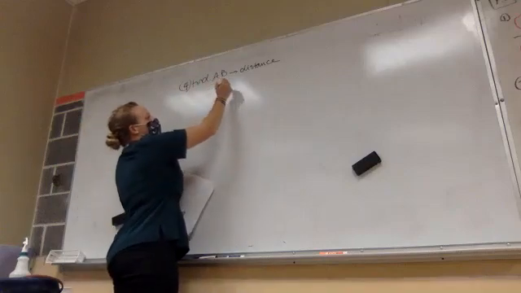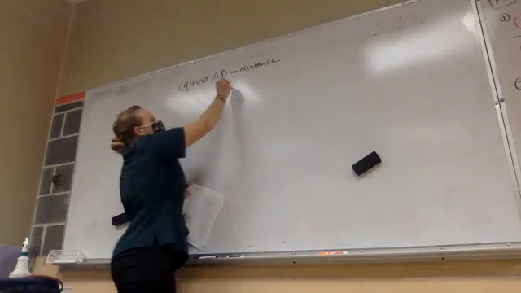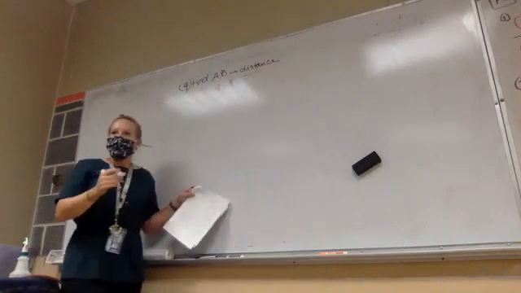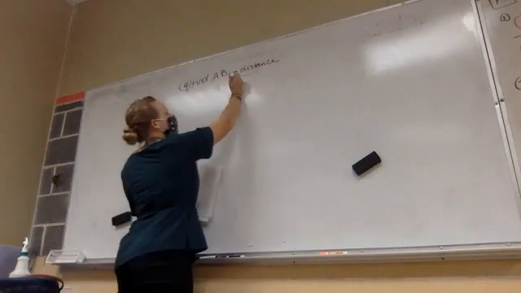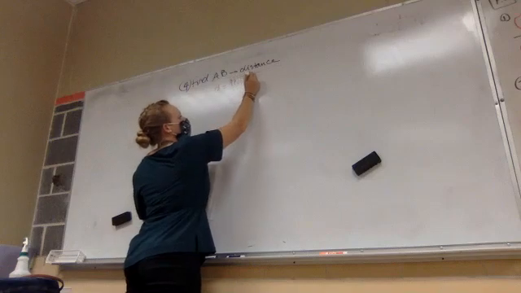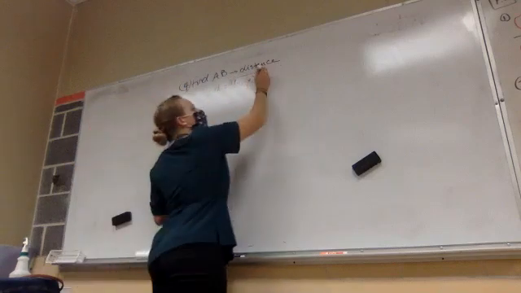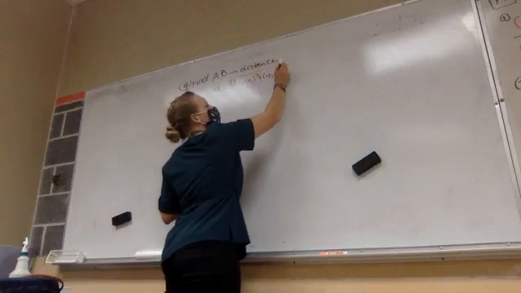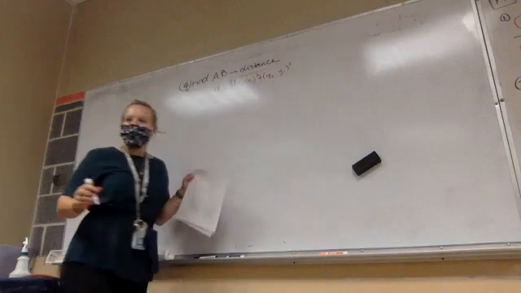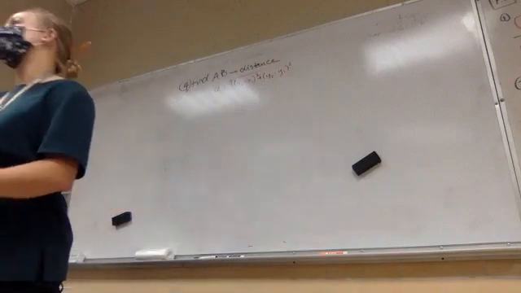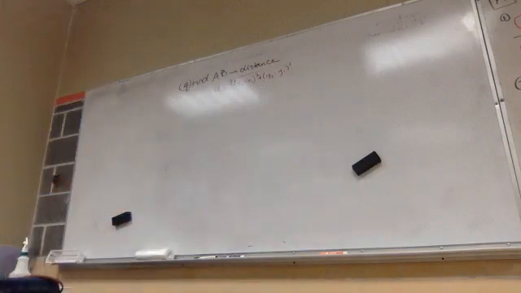I'm going to say d is distance, and that equals radical x2 minus x1 squared plus y2 minus y1 squared. It doesn't matter if you have x1 first or x2 first. It doesn't matter if you do the y's first and then the x's. It doesn't matter as long as the x's are together being subtracted, the y's are together being subtracted. And then we're going to square them.